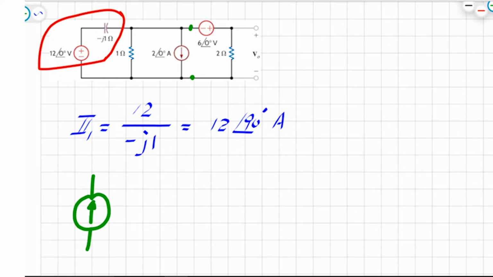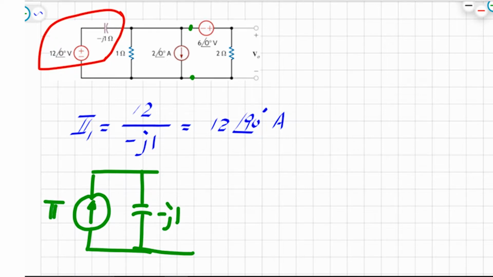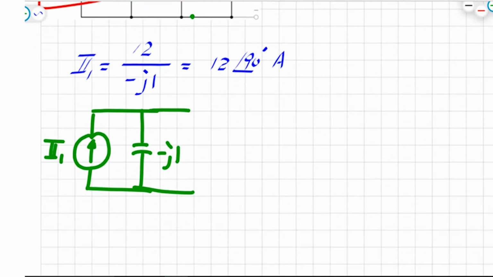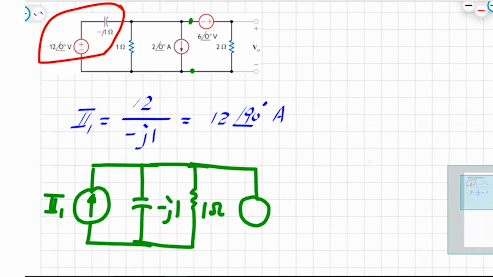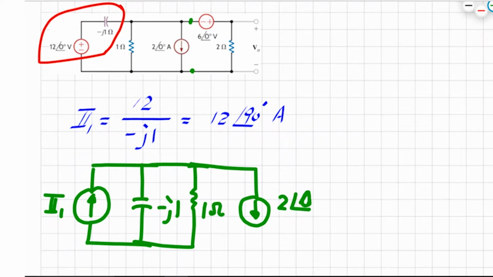Notice the polarity here. This element is in parallel with, we would want to simplify, negative J1. The first thing we did, we called this I1 with the equivalent, and we're going to combine this, that's the 1 ohm, and also the second current source that's going down, which is 2 amps.